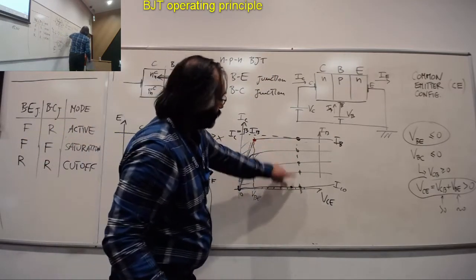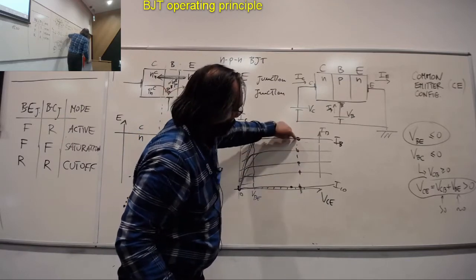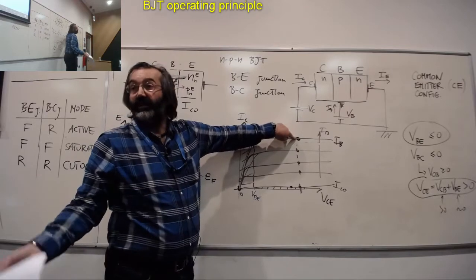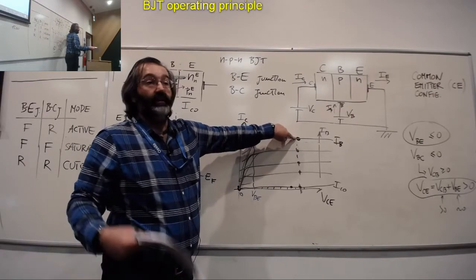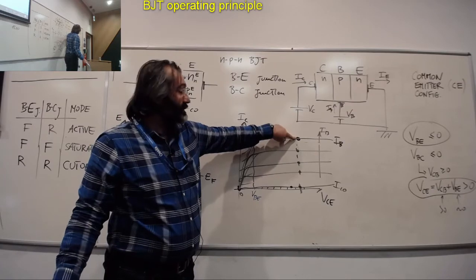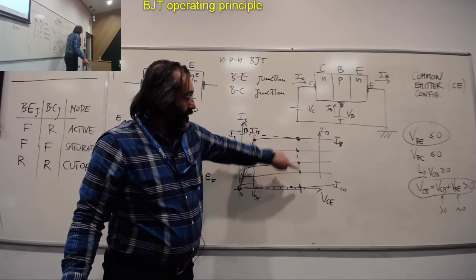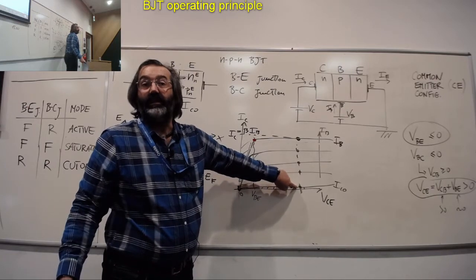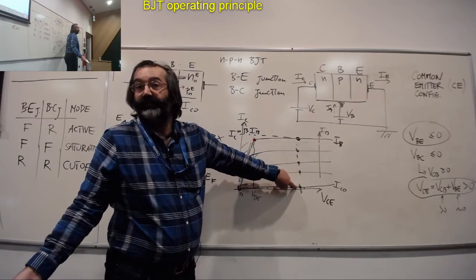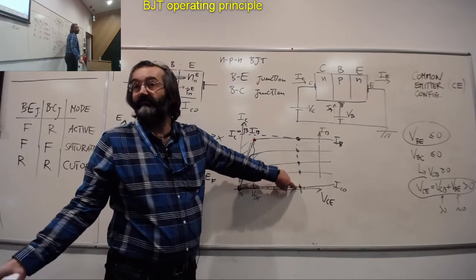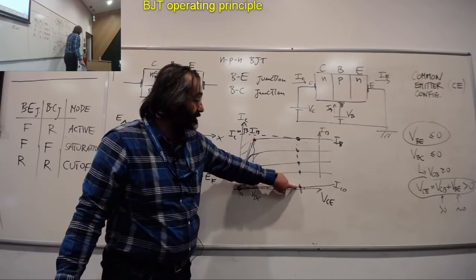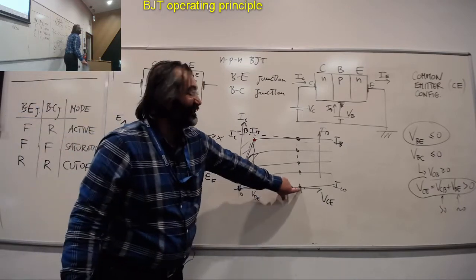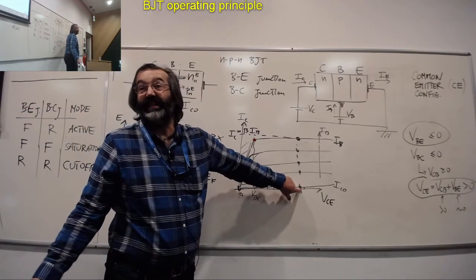So I can go from the active region, if IB is big, and VBE is on effectively, the BE junction is forward biased, to down here, eventually, when the VBE is 0, and the BE junction becomes not anymore forward biased, and so we go into the cutoff regime, where the transistor doesn't pass any current anymore.